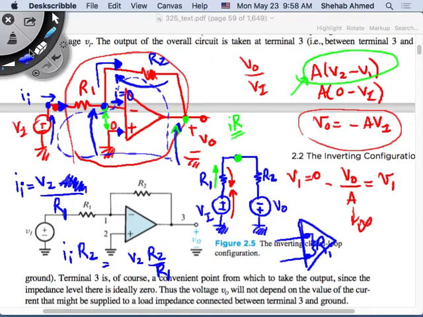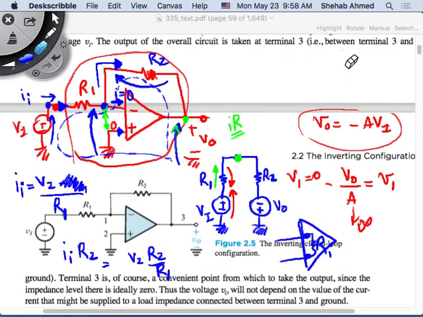So V output, this voltage here, plus this drop, the current II multiplied by R2. I go around the loop here, and then I find myself here. Here I know that my voltage is 0. Fine, I can go this way.